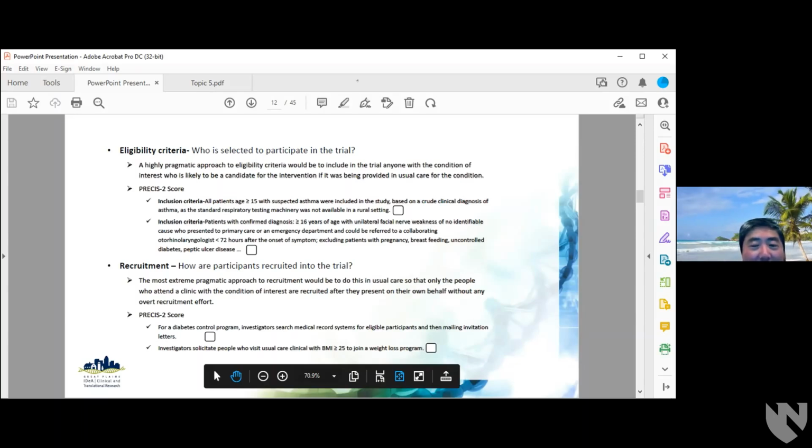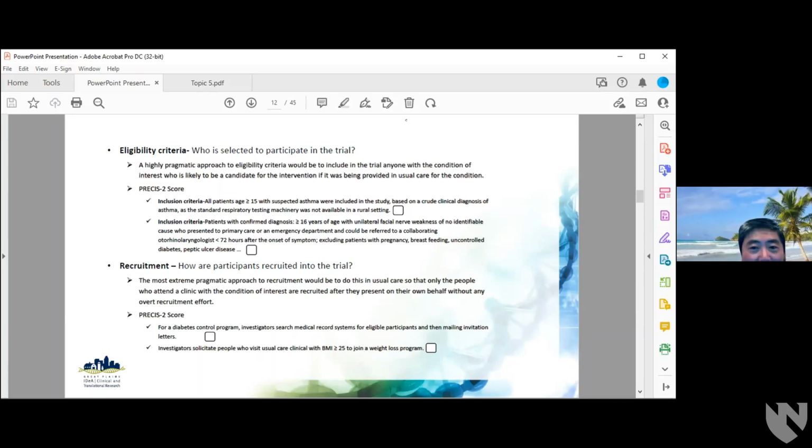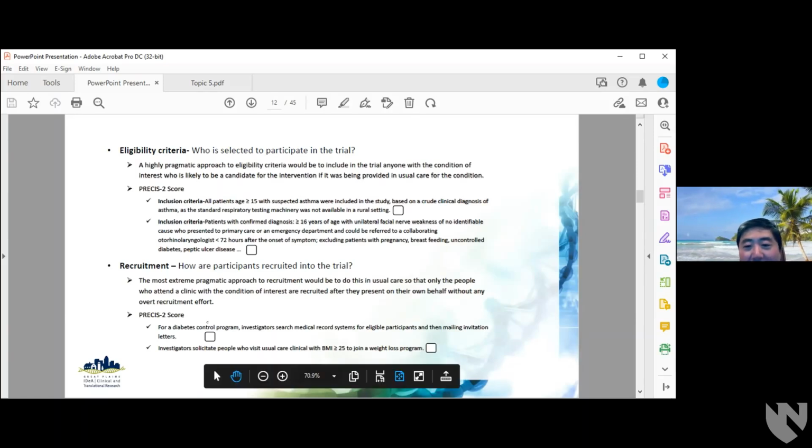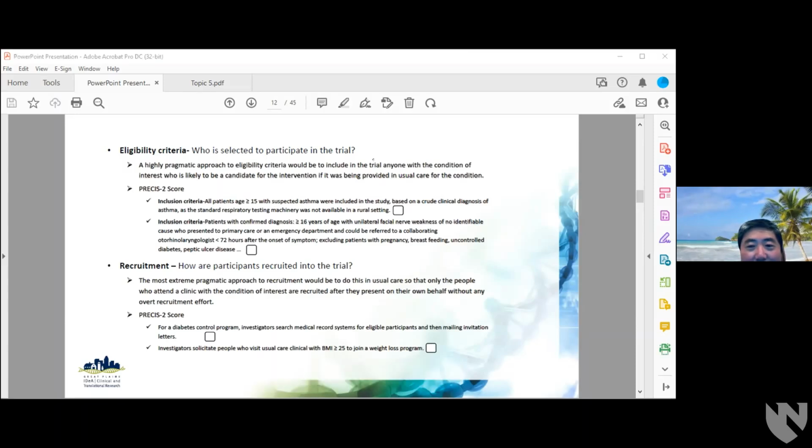It's very pragmatic, very explanatory. That's the recruitment approach. 2, 4, 4, 4. The 4 indicates rather pragmatic.